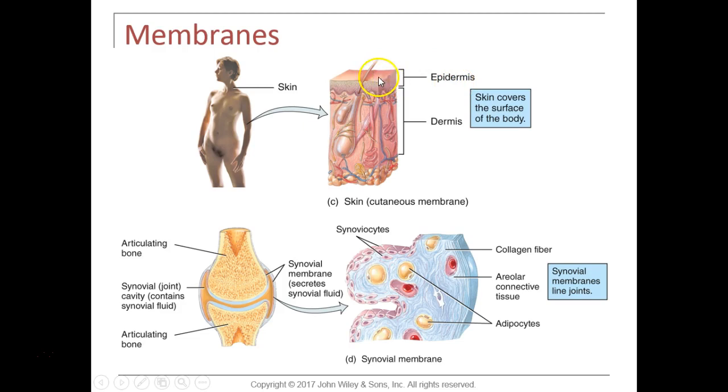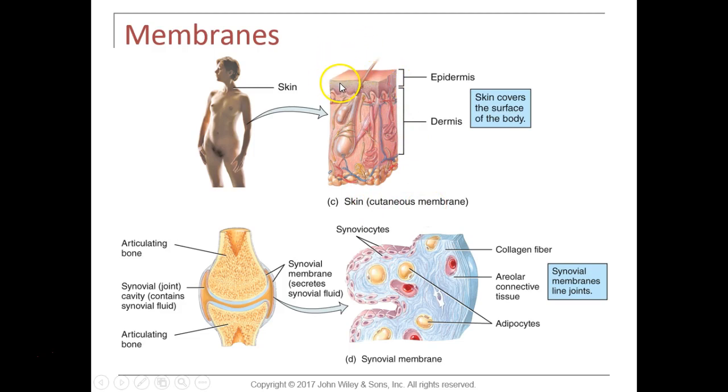So the very top of our skin is composed of an epithelium, which is specifically a keratinized, stratified, squamous epithelium. Collectively together, the epidermis, along with the underlying connective tissue and the associated structures in the dermis, actually forms your skin, which is the cutaneous membrane.